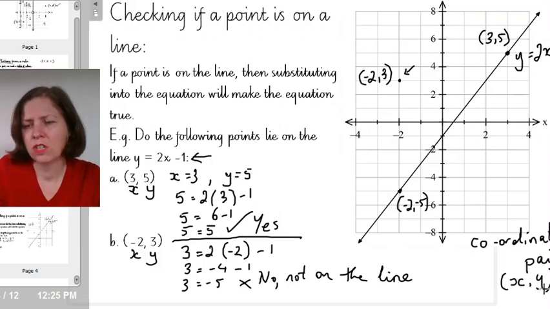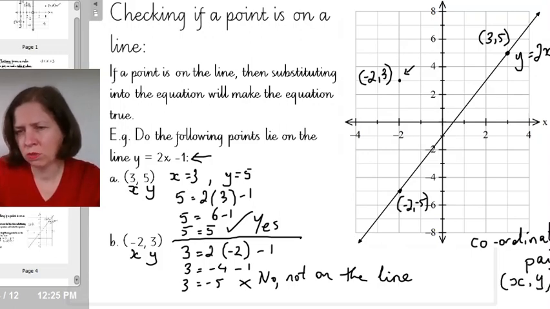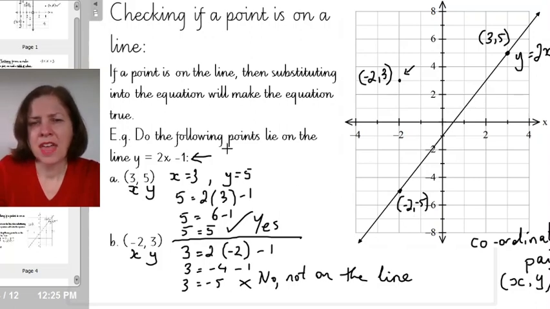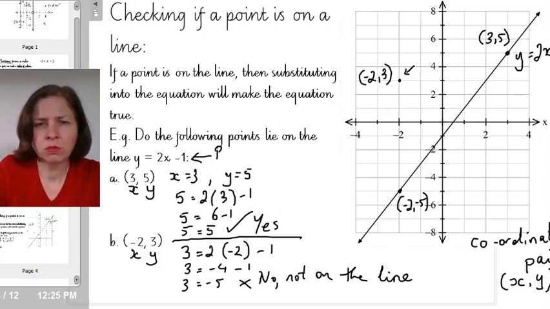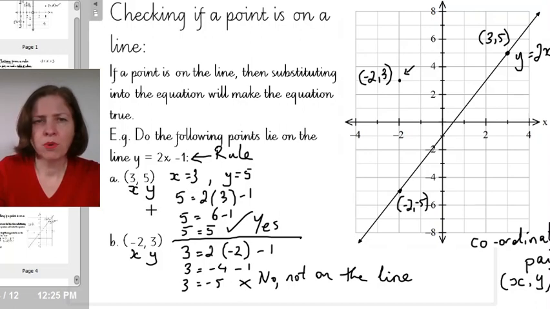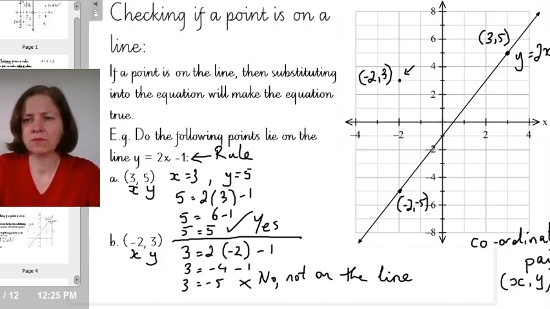X is first, y is second in alphabetical order. And remember that my x's go across horizontally and my y's go up and down. So I've got my coordinate pair here. That's one point on the line. A straight line is an infinite set of points that have to follow this rule. The equation really is a rule for a line. So the point will be on the line if it follows the rule. If it doesn't follow the rule, the point is not going to be on the line.